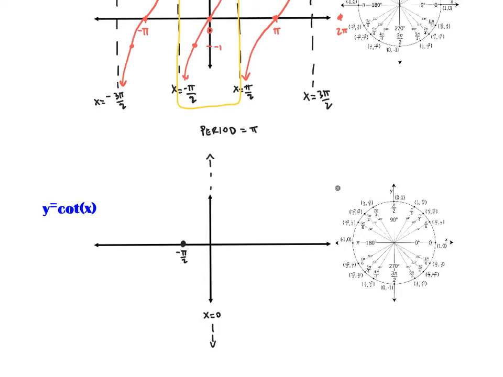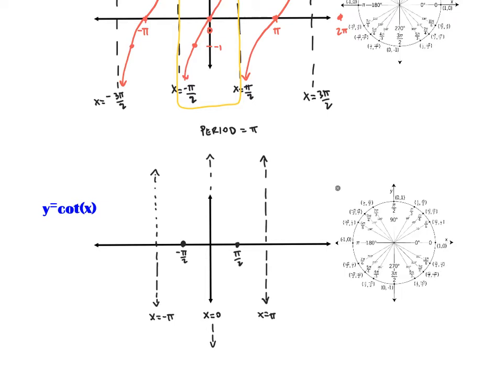So we're swapping our inputs for vertical asymptotes and zeros. So this would be negative pi. We would have an output of 0 at pi over 2 and a vertical asymptote. I won't go through quite as much detail in the cotangent graph, but that would be true.